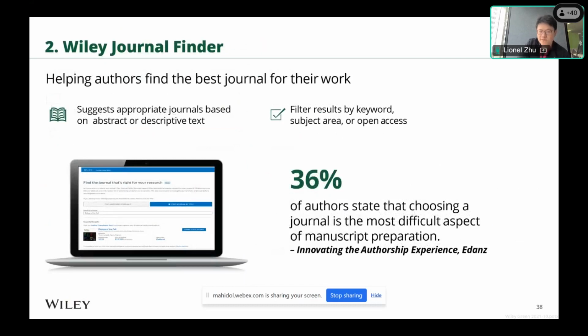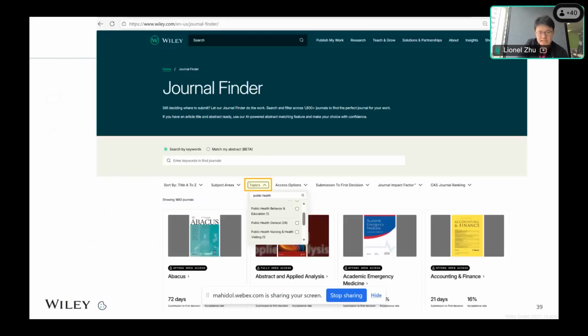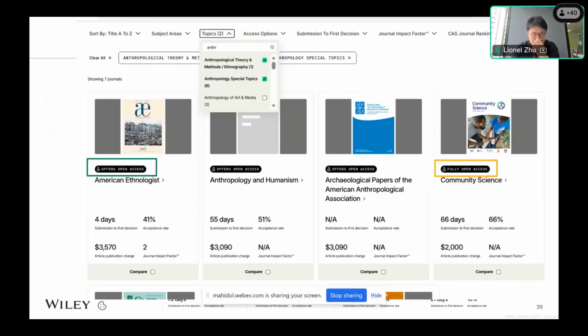As for the Wiley Journal Finder, it is recommended that you just Google Wiley Journal Finder, and you can either copy and paste your abstract or use a keyword there, and screen by topics. We have all the information listed there, the titles and journals that are recommended for you.